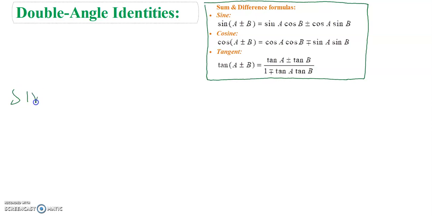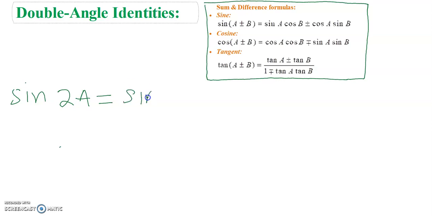So sine of 2a will be equal to, using the addition formula of sine, we can rewrite 2a as a plus a.